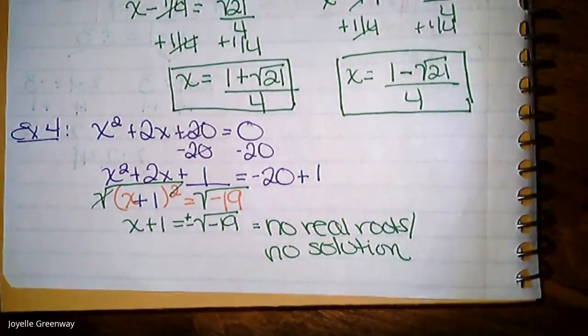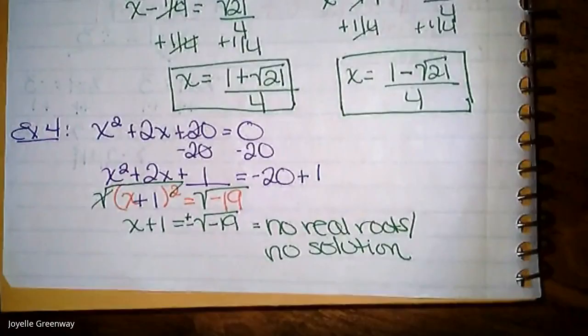If not, you can try the examples on your own, see how you do, check your answers. And if you get them right, move on and do your Flipgrid. So the Flipgrid is really the only way that I can check to make sure that you fully understand how to go through the steps for completing the square before moving on.